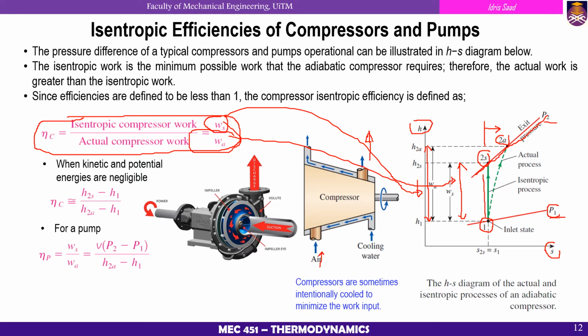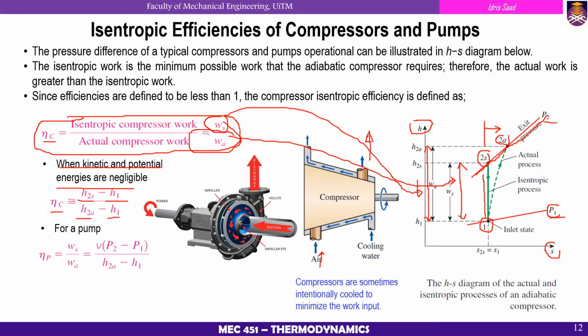So this is the isentropic efficiency of the compressor. When the kinetic and potential energy are negligible, the isentropic efficiency of the compressor is equal to H2S minus H1 divided by H2A minus H1.